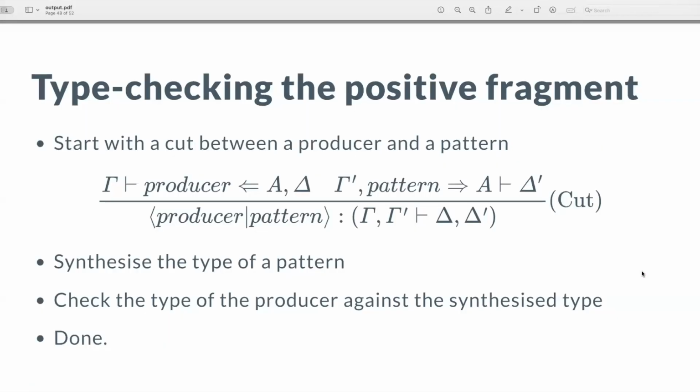Just to unpack this, if you look at a positive cut, as I mentioned, it's a cut between a producer and a pattern. As we've seen from the bidirectional typing discipline, or co-contextual, patterns are synthesized, and producers are checked against the pattern. So if you have a cut in a positive fragment, you synthesize the pattern, you check the producer. We're done. The negative fragment follows by duality.